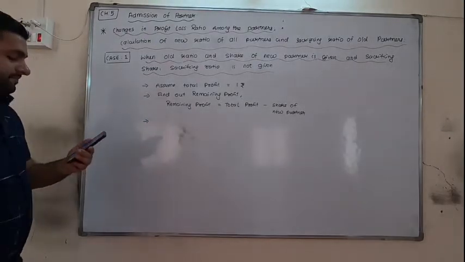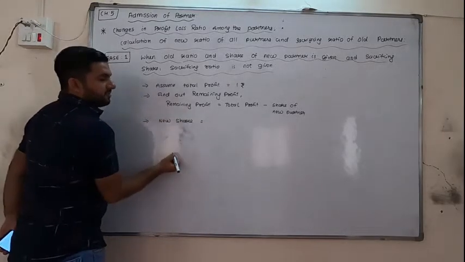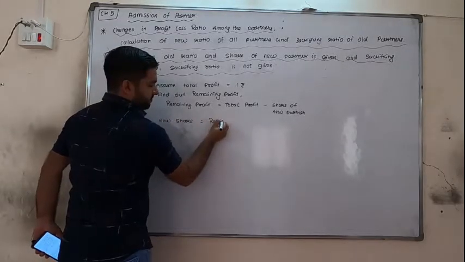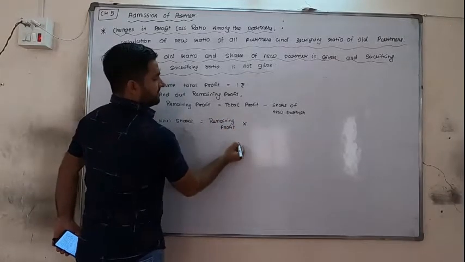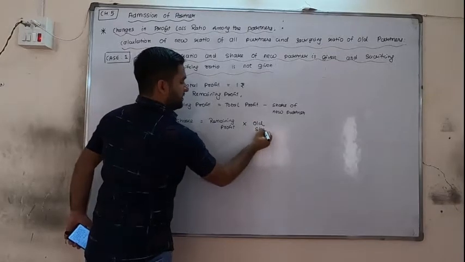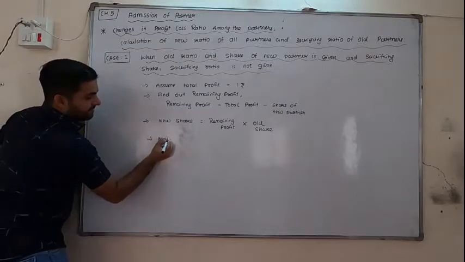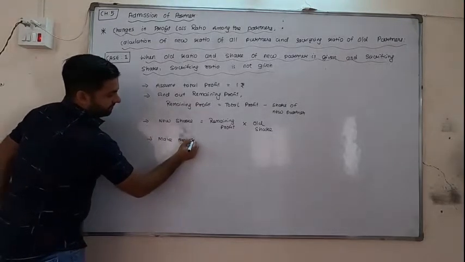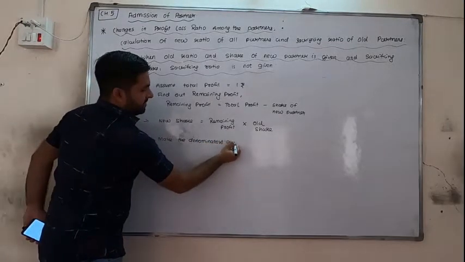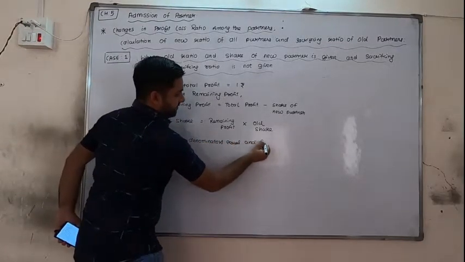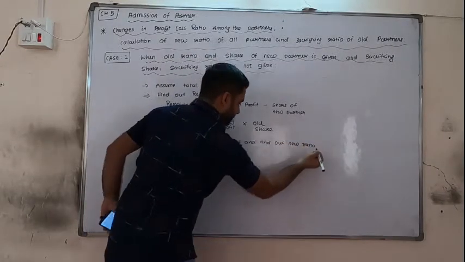Then next step, now you will find the new share. New share is equal to the remaining profit, what we have found in the previous step, multiplied by old share. Then you will make the denominators equal and find out the new ratio.